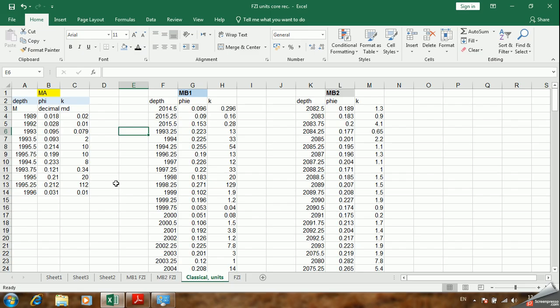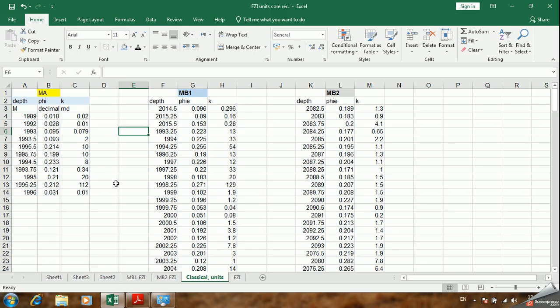So of course we have uncored intervals, and we have different wells. I'm not extracting a core for each well, so we have a very limited number of cores and limited intervals.